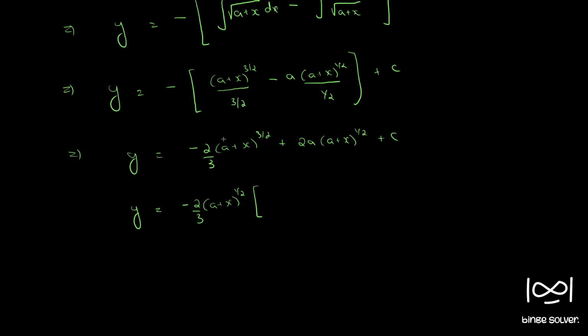So this part is gone, so it becomes (a + x). The reason being, (a + x) raised to 3 by 2 means root of (a + x) the whole cube. So when we take one root of (a + x) outside, it becomes root of (a + x) the whole square. So that is (a + x).